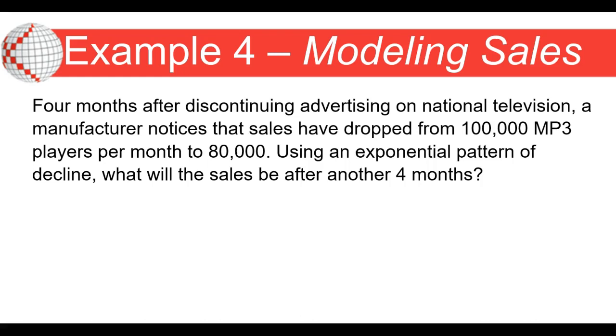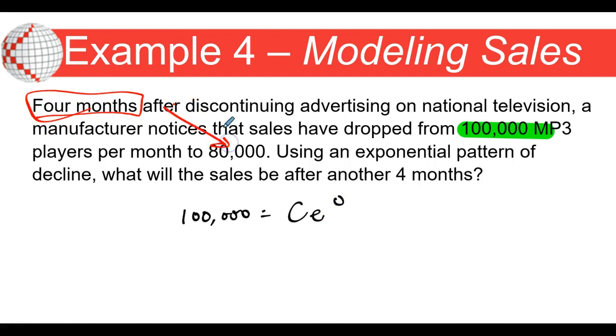Example number 4. Let's see, I better read this a little bit more carefully. Looks like this is the start value at time 0. So 100,000 is equal to C e to the 0. And then after 4 months, it drops to this amount.